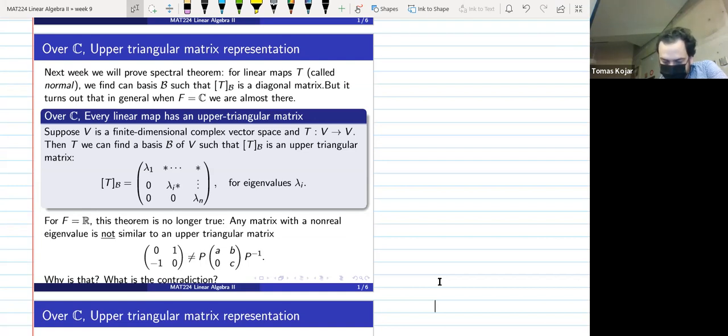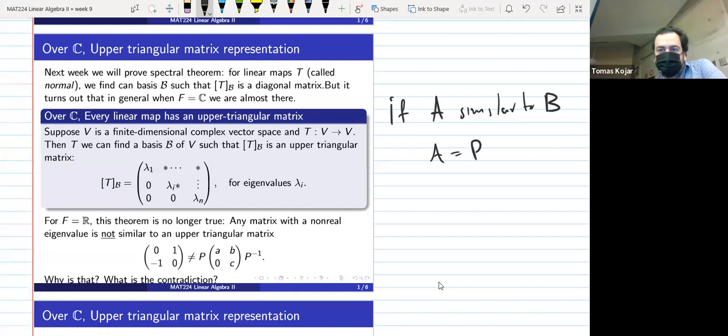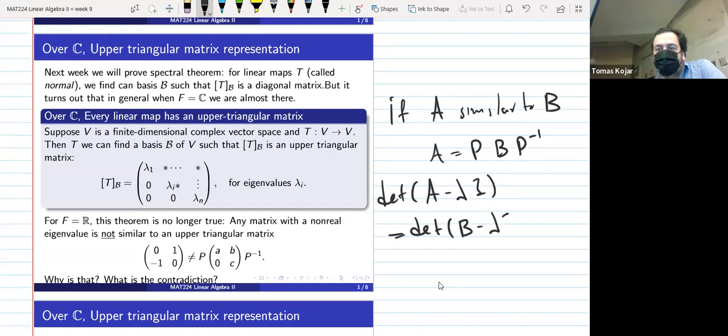We proved a couple of weeks ago that if A is similar to B, then when you compute the characteristic polynomial, determinant of A minus lambda I, they actually have the same characteristic polynomial.